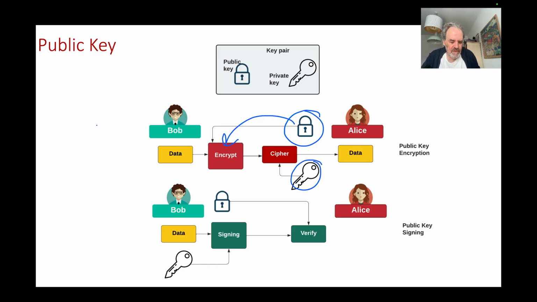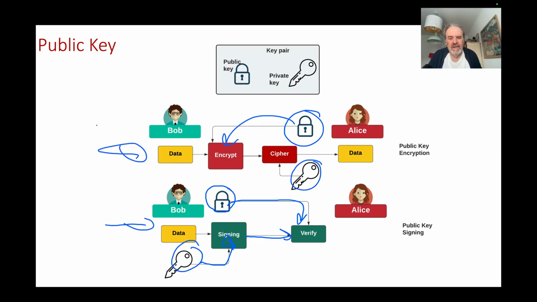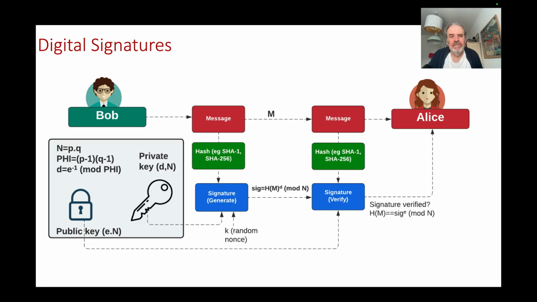We can also use it for digital signing, and in this case we take the private key or the secret key of the key pair and then digitally sign, and then the public key is used to verify. So there are two main methods that we use for public key encryption: one is encryption with the public key, and the other one is signing with the private key.